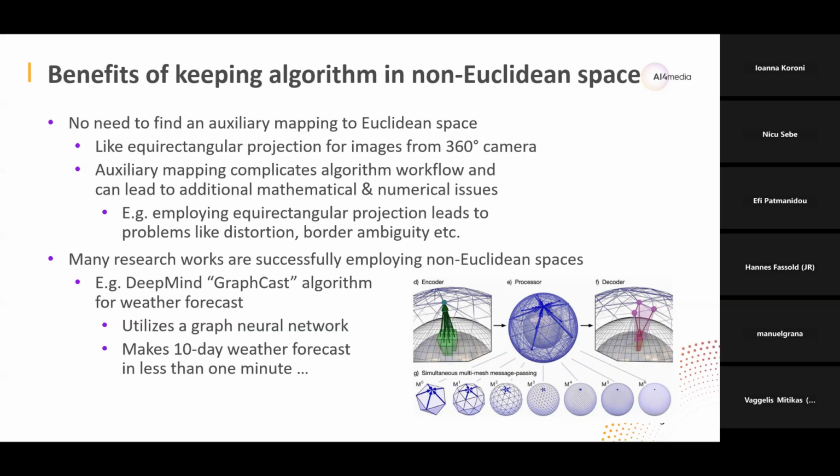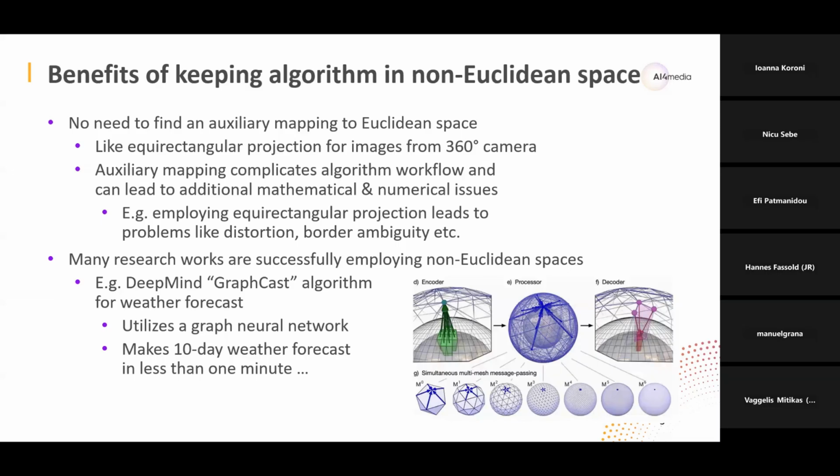You have the border ambiguity because actually the content on the right border is neighboring to the content on the left border. So you have introduced an artificial border actually, which complicates things like object detection and so on, of course.